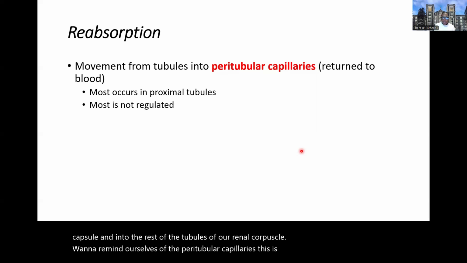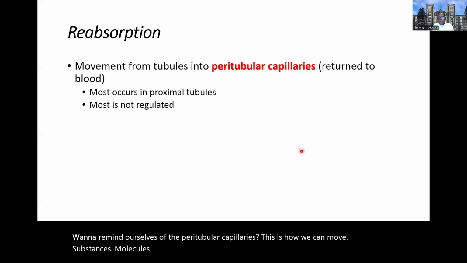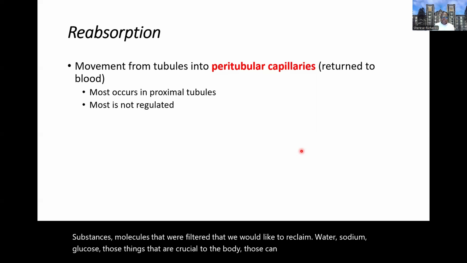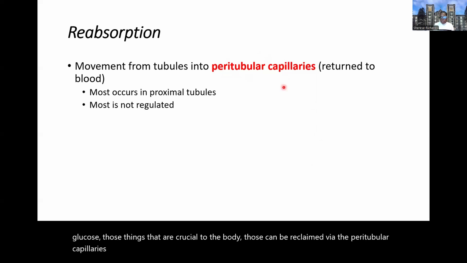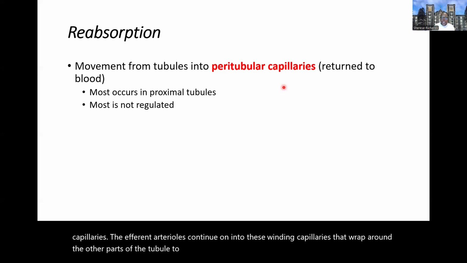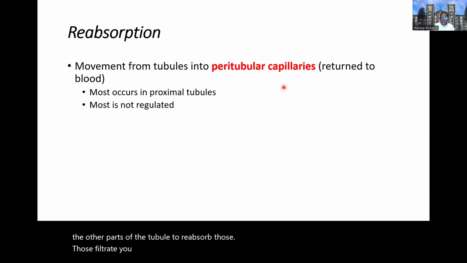This is how we can move substances, molecules that were filtered that we would like to reclaim, water, sodium, glucose, those things that are crucial to the body, those can be reclaimed via the peritubular capillaries. The efferent arterioles continue on into these winding capillaries that wrap around the other parts of the tubule to reabsorb those filtrates, molecules that need to be reclaimed.